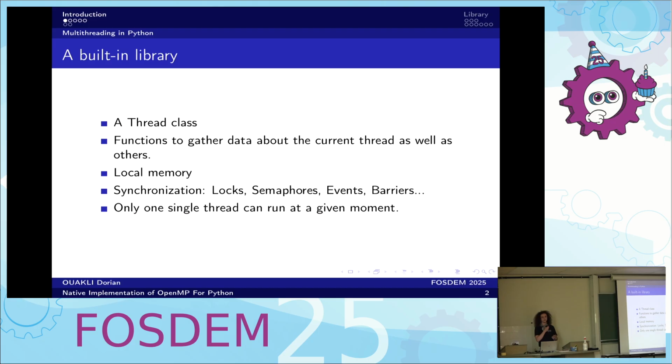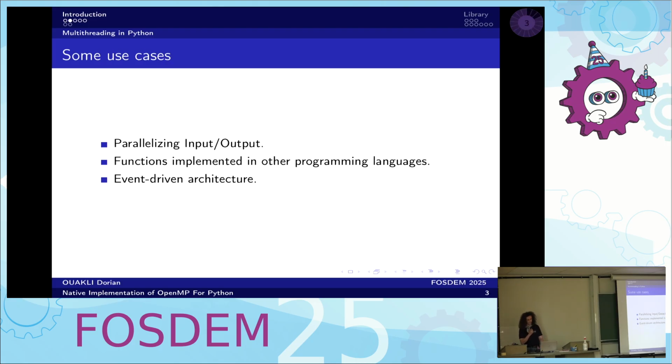We have features of synchronization, but we had for a long time the problem of having a single thread being able to run at a given moment. I'm sure many of you are aware of the GIL. I'm going to come back to that.